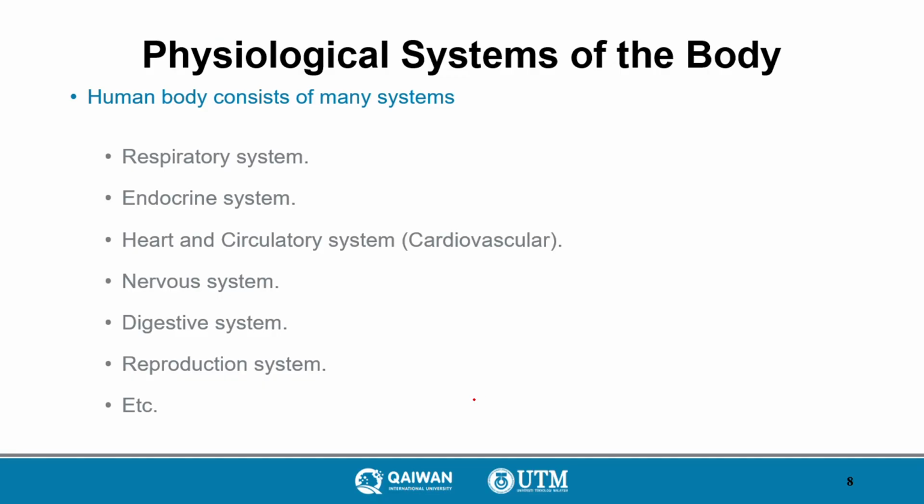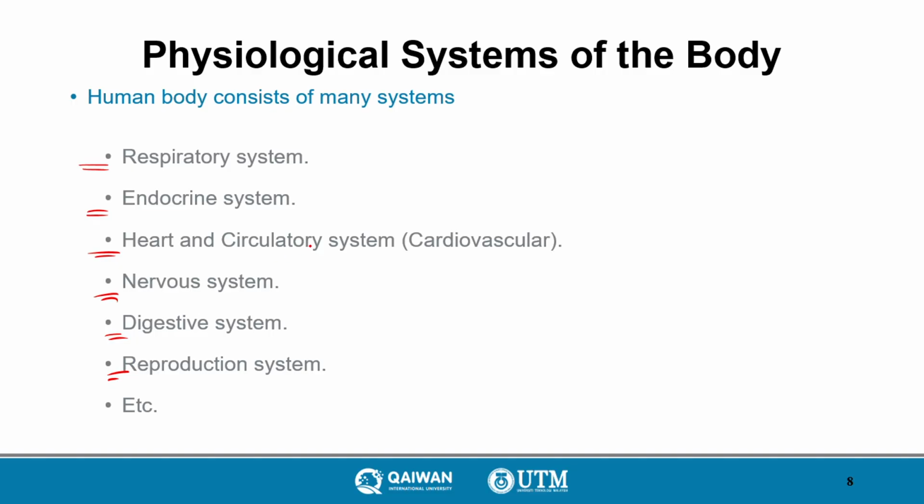The physiological systems of the body: the human body consists of many systems, for example, the respiratory system, endocrine, heart and circulatory system, the cardiovascular system, nervous system, digestive system, reproduction system, etc. All these systems generate signals.